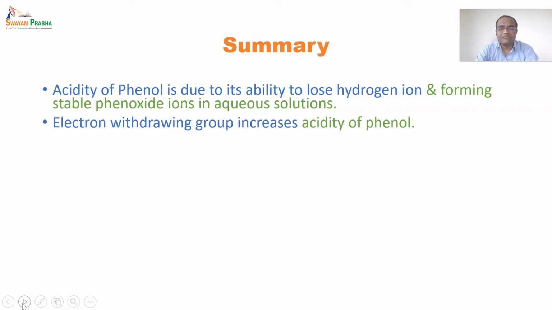After that we saw the effects of substituents. There are two types. One is that an electron withdrawing group increases the acidity of phenol, because the positive center of phenol increases, and the electron withdrawing group withdraws electrons from the aromatic ring, so the charge on the phenoxy oxygen becomes least, due to which acidity of phenol increases.